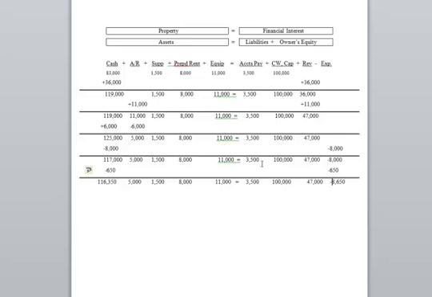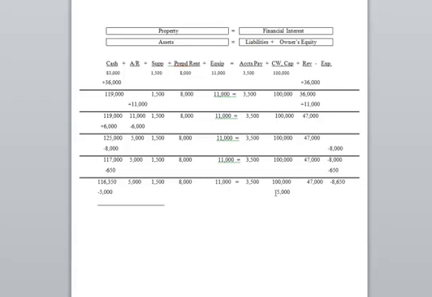So she wrote a check to herself for $5,000, taking that money out of the business. What we're going to do is put a minus $5,000 under the cash column because she took money out of the business. And we're also going to put a minus $5,000 under the capital account because she's just taken the money out.